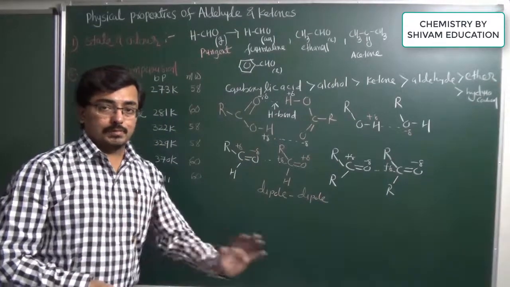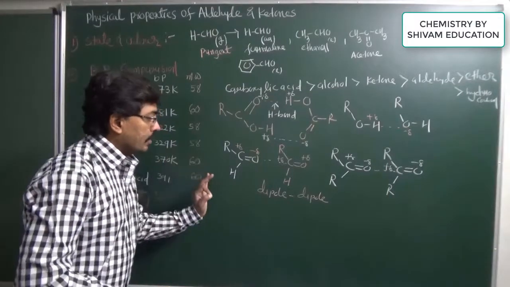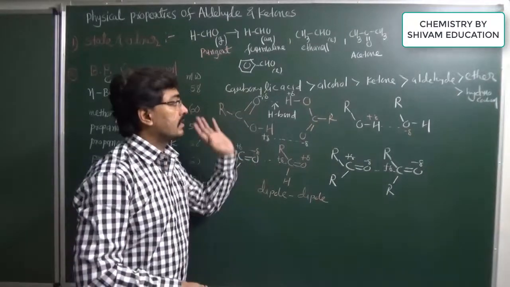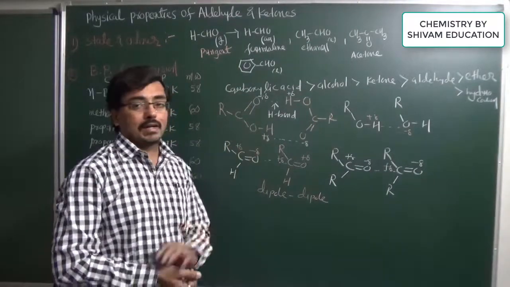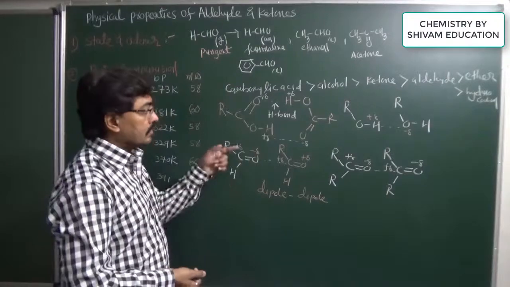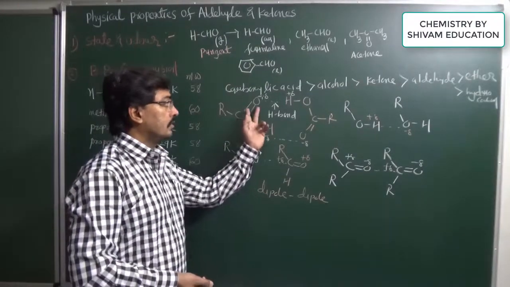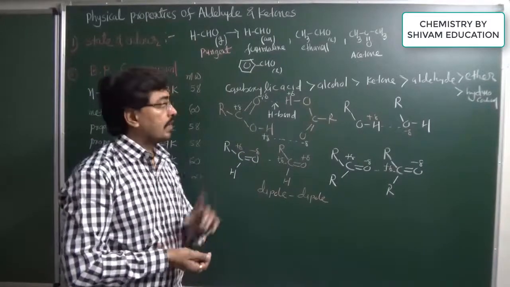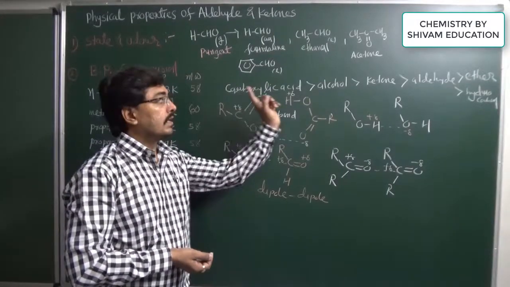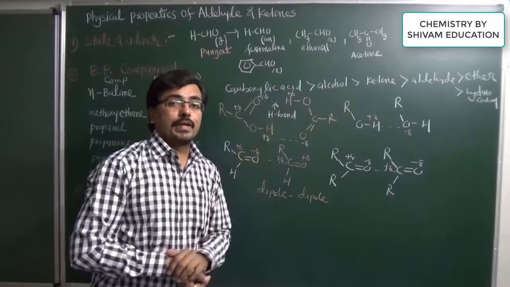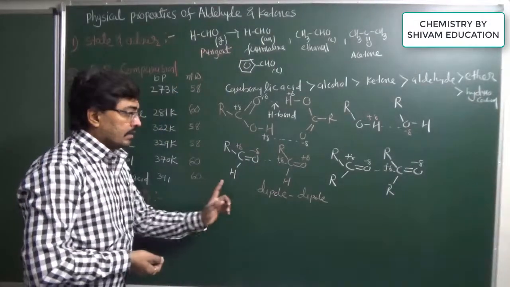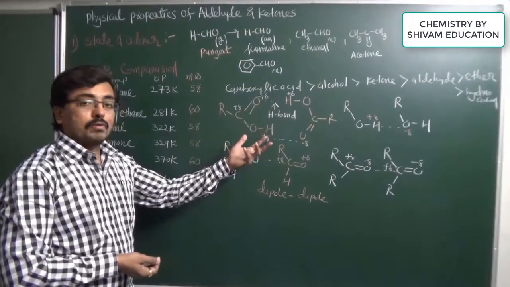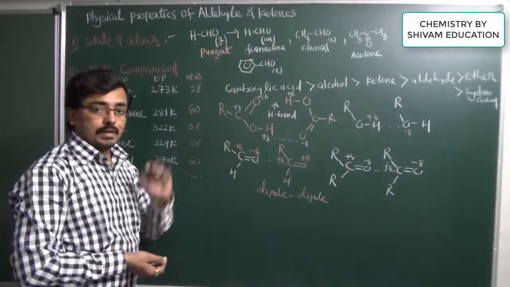So you understand that the boiling point of aldehyde and ketone will be less as compared to alcohol and carboxylic acid. In carboxylic acid, there is a strong intermolecular attraction as well as hydrogen bonding. So carboxylic acid is the highest, then after that alcohol. In the case of ketone and aldehyde, the dipole interaction is weak, so as compared to carboxylic acid, their boiling point will be less.